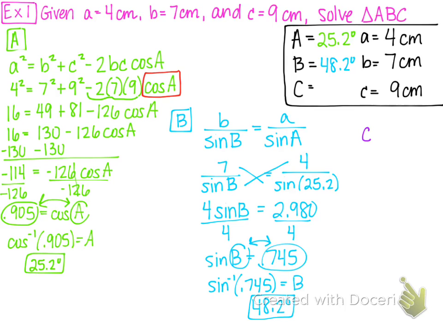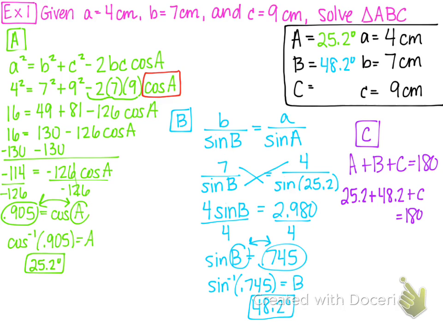Well, we know big A plus big B plus big C is equal to 180. So big A is 25.2 plus big B, which is 48.2, plus big C is equal to 180.